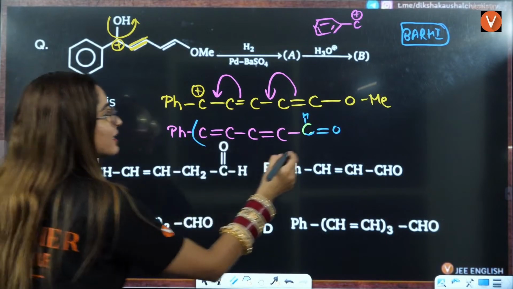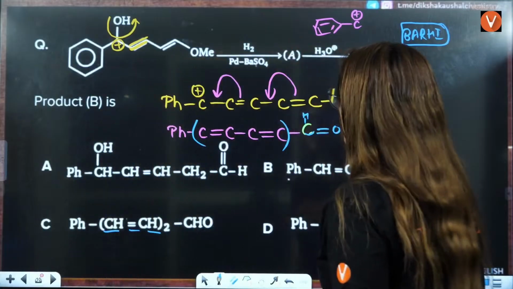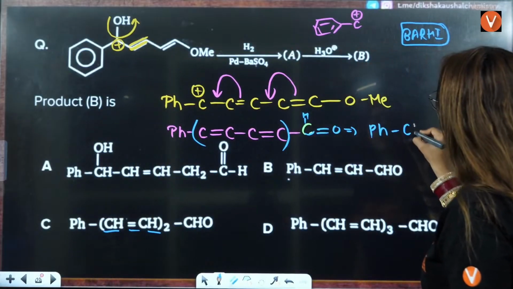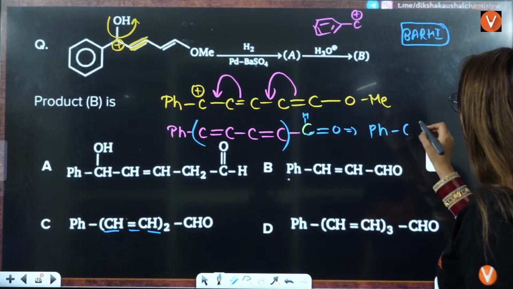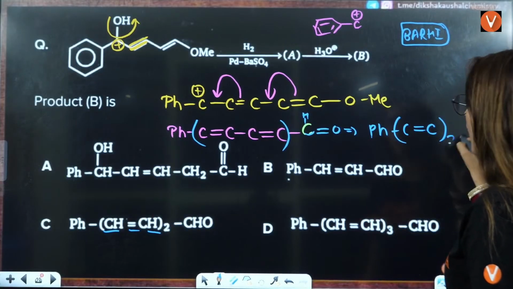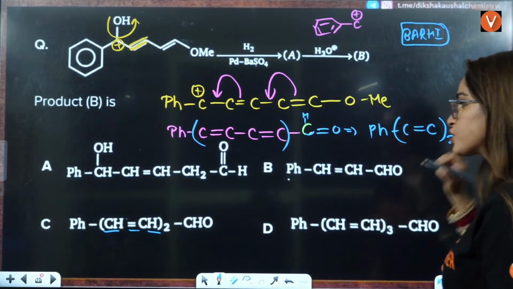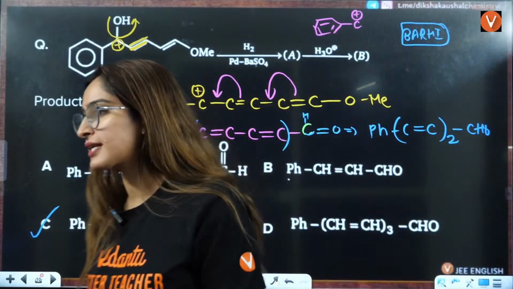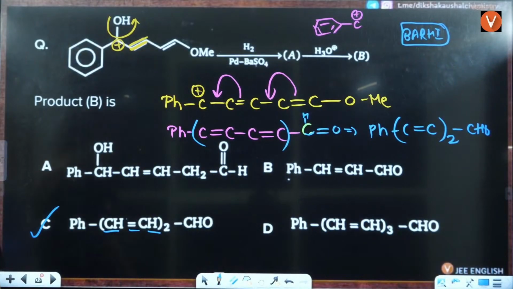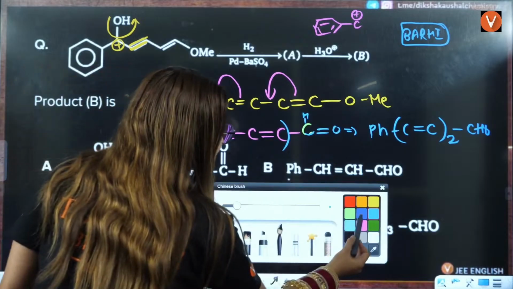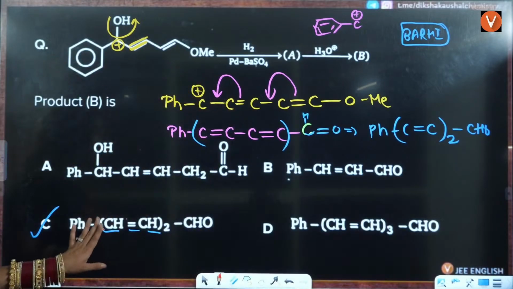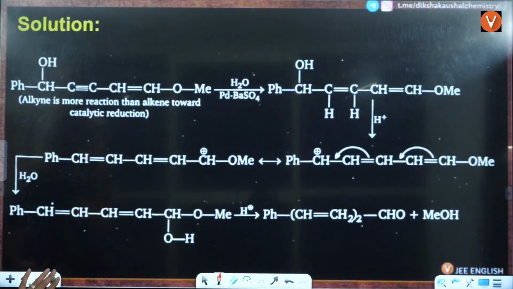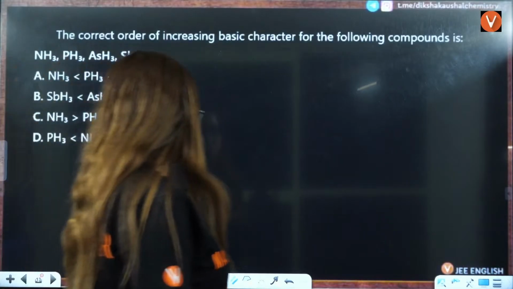So can I write this as Ph, C double bond C twice, CHO? So that means, can I say C is the correct answer? Right, students? So answer will be C is your correct answer here. Is that clear, students?